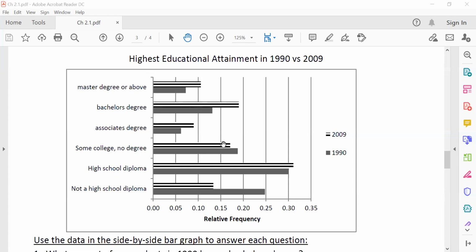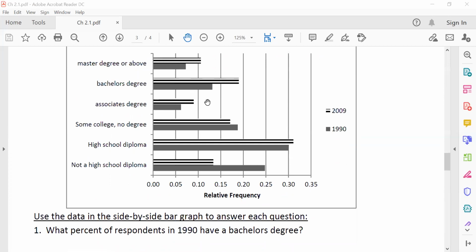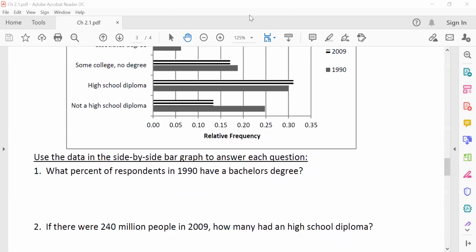So just some interesting stuff. Let's see if we can answer the question. What percent of respondents in 1990 have a bachelor's degree? We'll go to bachelor's degree, and down to the solid bar because that corresponds to 1990. Then we'll look down here and it's between 0.1 and 0.15. It's a little past the halfway mark. Let's say 0.13.